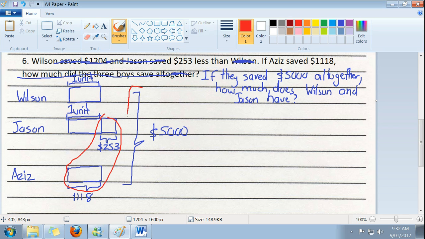This symbol here basically means equal. Okay, that's all it is. And because this number is larger than this number, we will get an answer here, and that answer we can divide by these units. Okay, so hopefully that clears up any confusion.